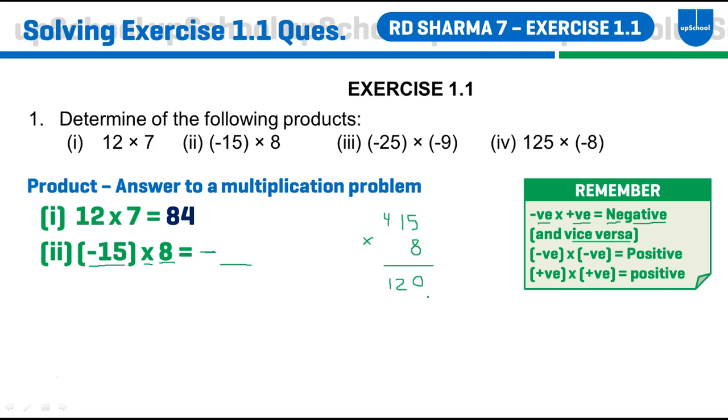So our answer is 120. So 120 goes over here. So our answer is negative 120, alright? So yes, since a negative integer times a positive integer is equal to negative, we know the answer is going to be negative, and we did 15 times 8, which is 120. So yes, the answer is negative 120.